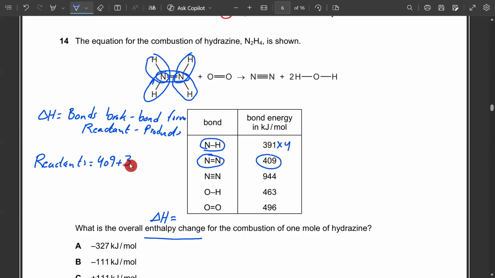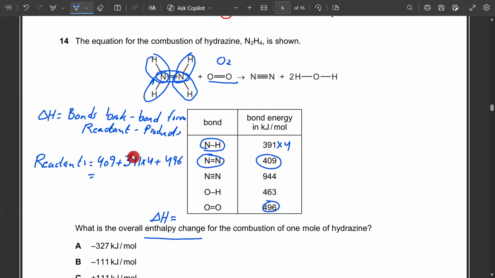So 391 times 4, plus oxygen O2, and its value is given in the table as 496. So 496. Now add all these values, because this is the value for the reactant.